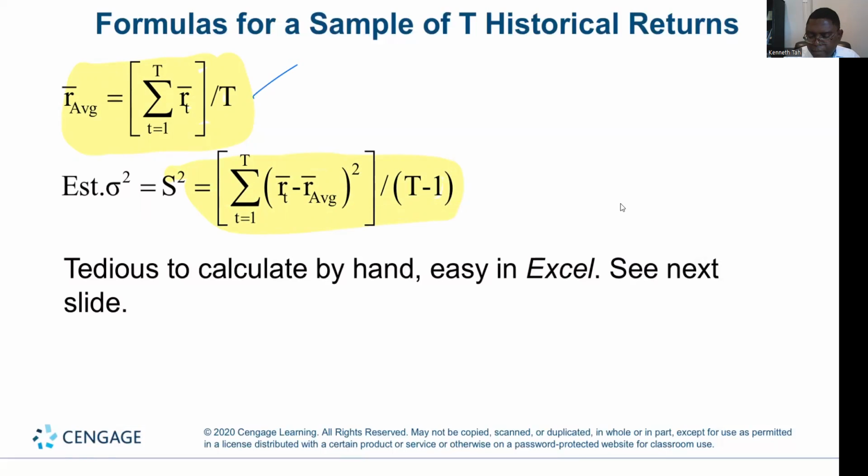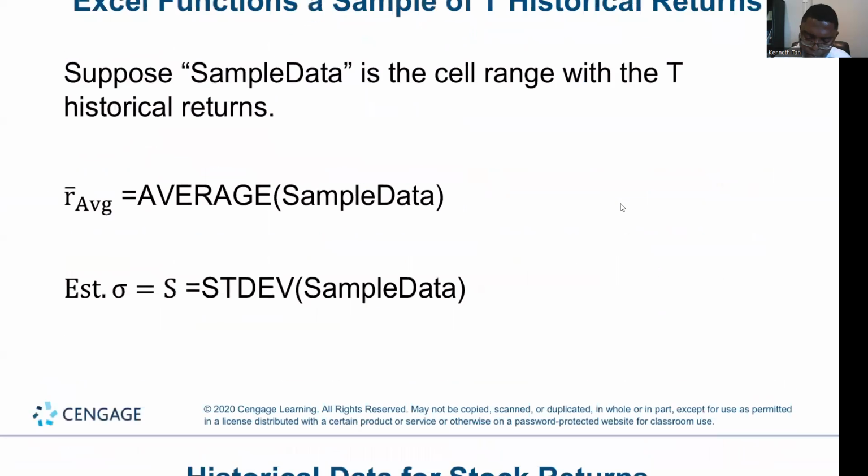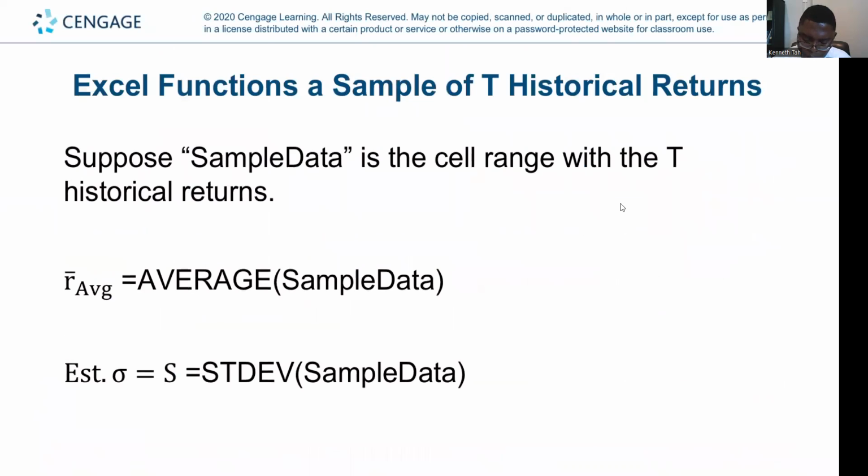So if we have data for 15 years, T is 15. If we have data for 10 years, T is going to be 10. All right, we can also just use AVERAGE and STDEV in Excel, where we enter average, and then we drag in the sample data.